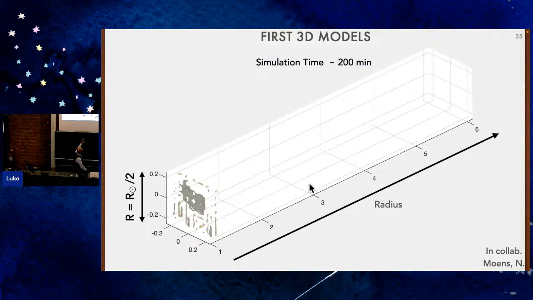You will see a video of such a simulation where the radius goes diagonally from the bottom corner to the top left corner, and the star will be near the bottom right corner. And in color, you will see regions of enhanced density highlighted.